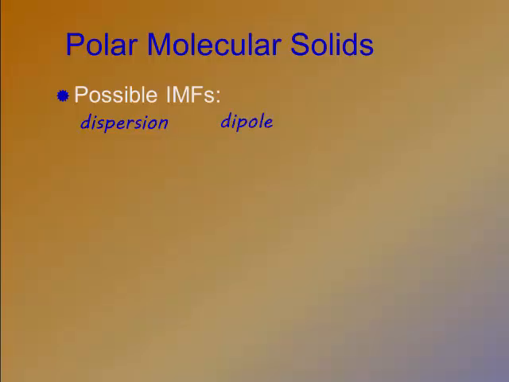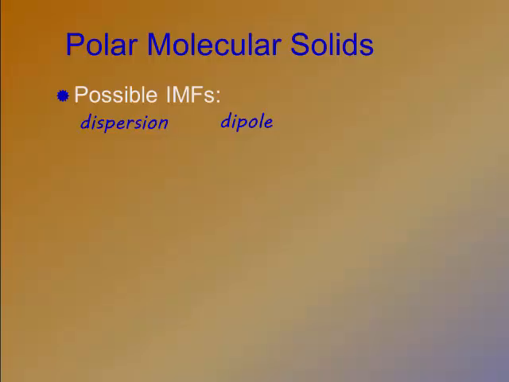When the lattice is composed of polar molecules, what types of IMFs could be present, depending on the exact identity of the polar molecular compound? All molecular compounds exhibit dispersion forces between molecules. Polar molecules also feel dipole-dipole interactions.